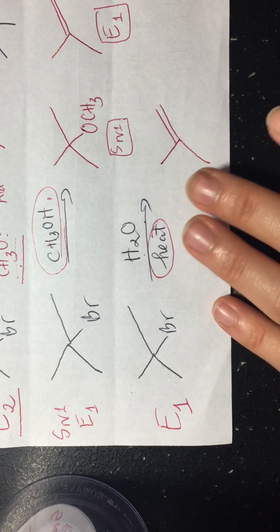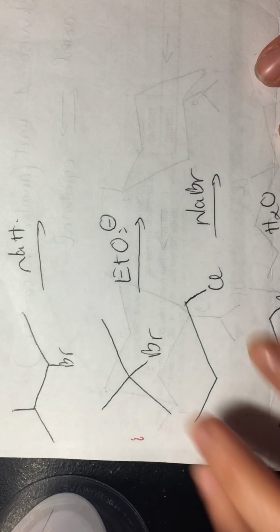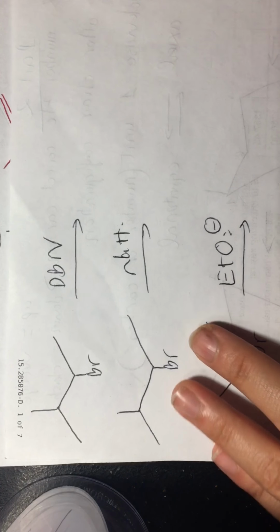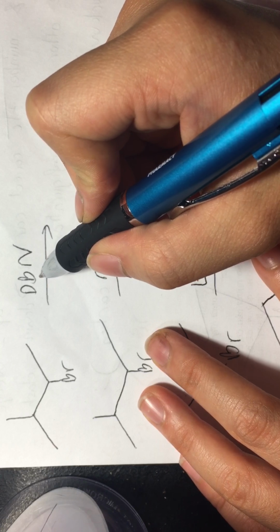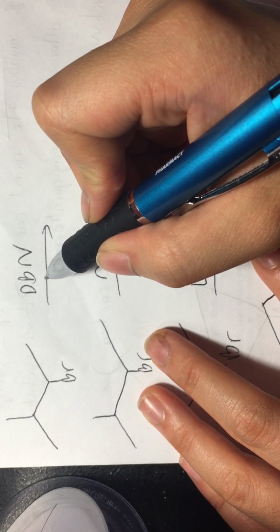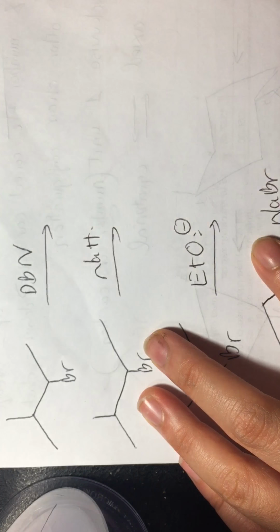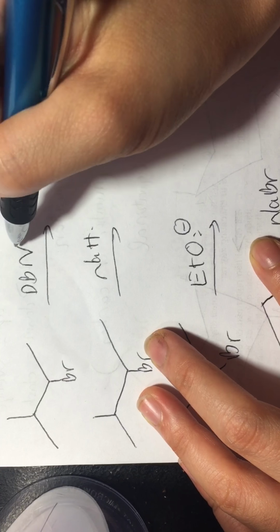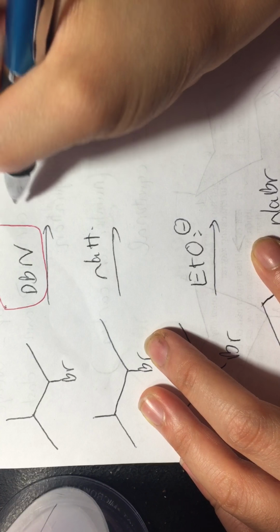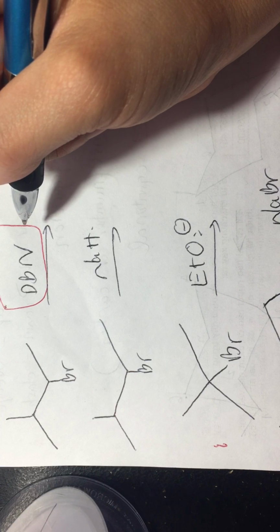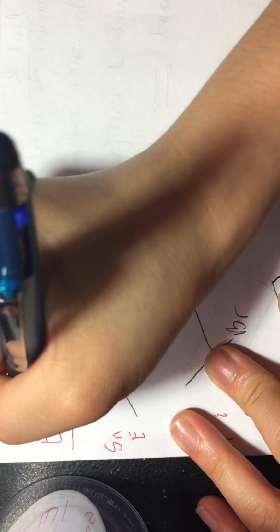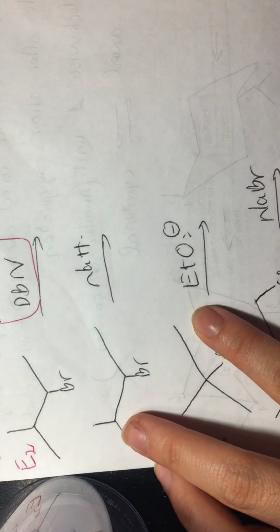All right. For the next example, let's take a look at here. We have DBN. DBN is a really strong base, and I'm sorry, it is a really strong base, but it is a weak nucleophile. So whenever you have a strong base and weak nucleophile, it always does an E2 reaction.